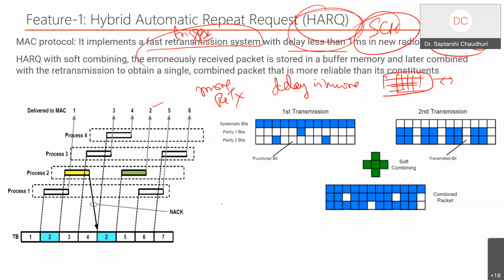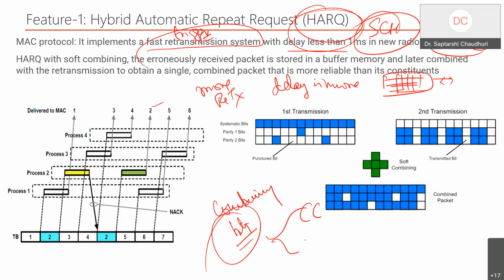But the combining of the bits is done using two methods, called chase combining and incremental redundancy. The method we have chosen is incremental redundancy. After a lot of research, we chose it, and there are a lot of papers, like the IR journal paper, that you can read on how incremental redundancy works.